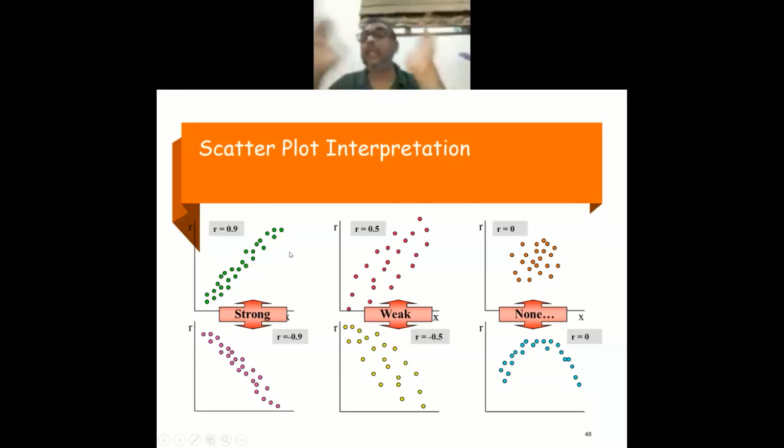So as you can see here, kenapa dia kata this is a positive strong, but this is also strong? Why is it like that? It could be, you have to interpret it in this way. The more you exercise, the more you lose weight. Betul. So that's a strong relationship.